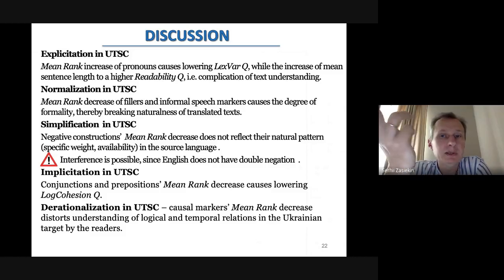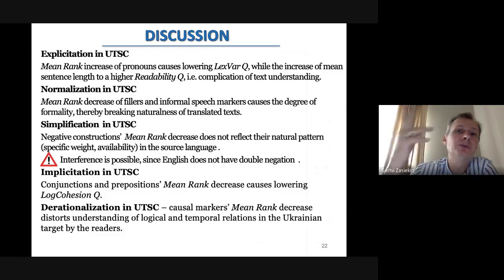That's true because if translators use fewer pronouns, naturally the use of notional words like nouns will increase, right? The use of pronouns doesn't guarantee the increase of lexical variety, but it is a good prerequisite, right?